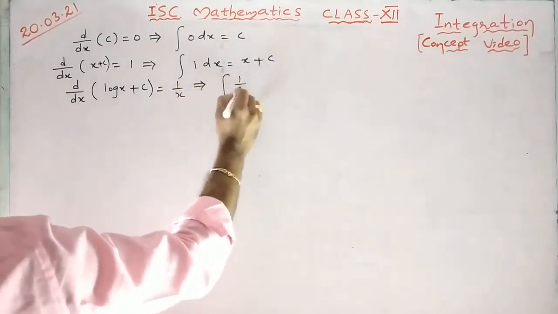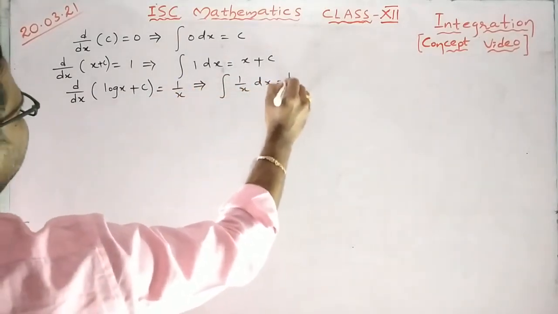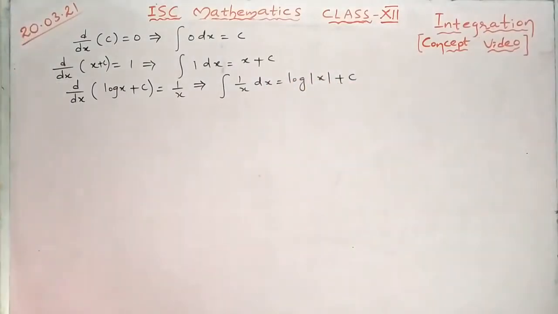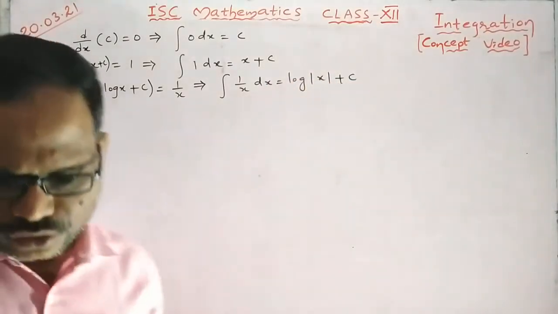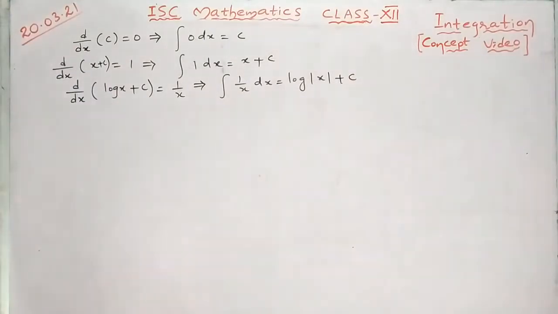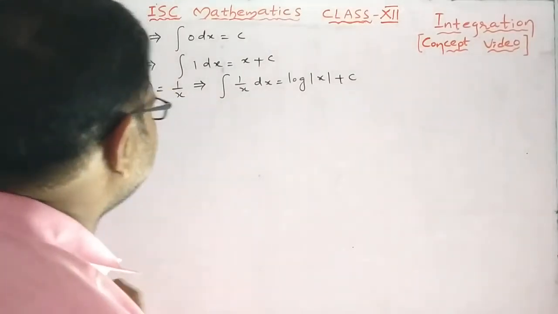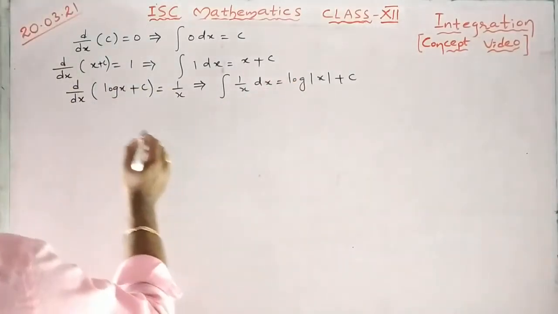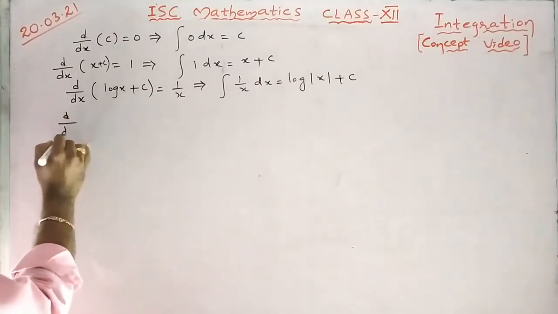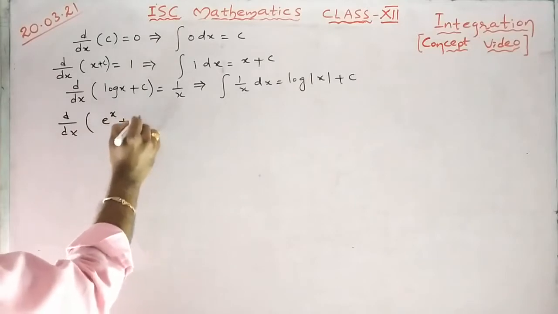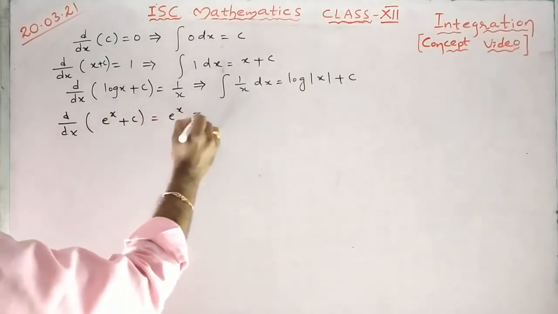So integral 1 by x dx equal to log mod x plus c, because logarithms are defined only for positive real numbers. So we will take log mod x plus c. Similarly, d by dx of e power x plus c equal to e power x only.